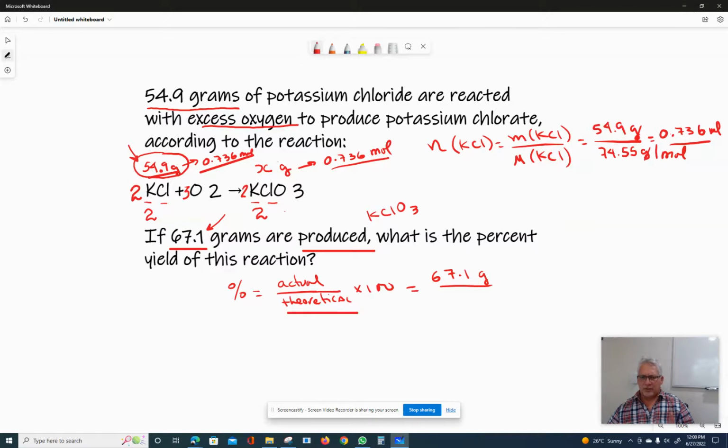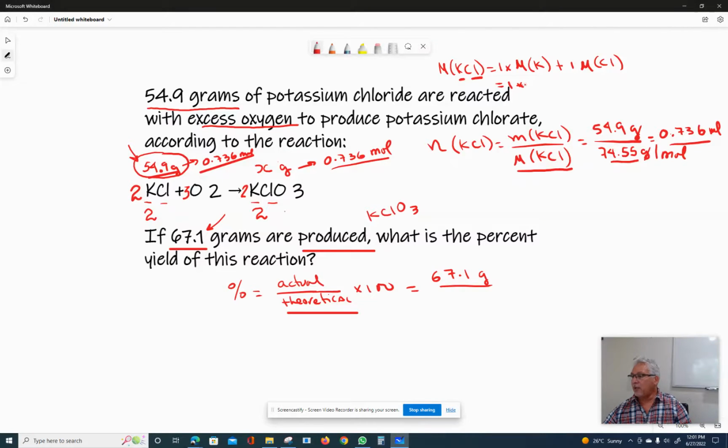Just in case you don't remember how to calculate this number here, because you probably say, well, where did he get that number from? Okay, molar mass of potassium chloride is one atom of potassium times the atomic mass of potassium plus one time the atomic mass of chlorine. And now I have to use the periodic table.